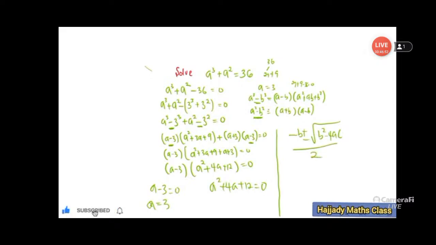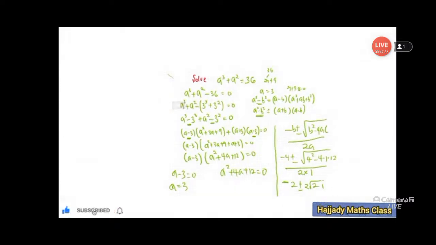So I have minus 4 plus or minus root of 4 squared minus 4 times 1 times 12, all over 2 times 1. With this, by simplifying, I arrive at negative 2 plus or minus 2 root 2i, which is a complex root of my equation.